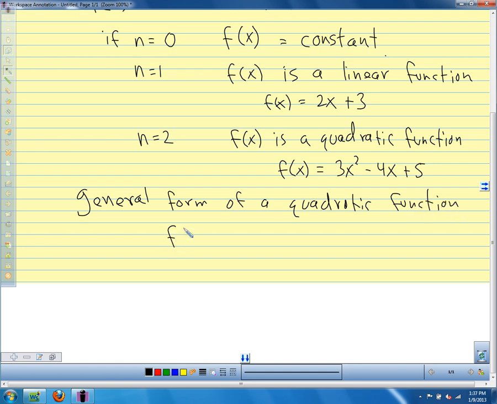We say f of x, and also remember, when we write f of x, we can think y. f of x or y equals ax squared plus bx plus c. So this is our standard or our general form. And for this, we're saying that a doesn't equal 0, because if this number out front here is 0, then we don't have a quadratic function.